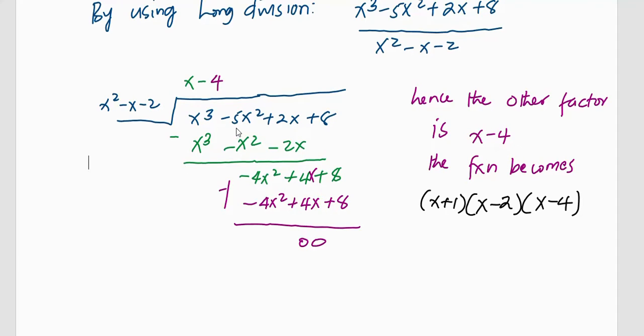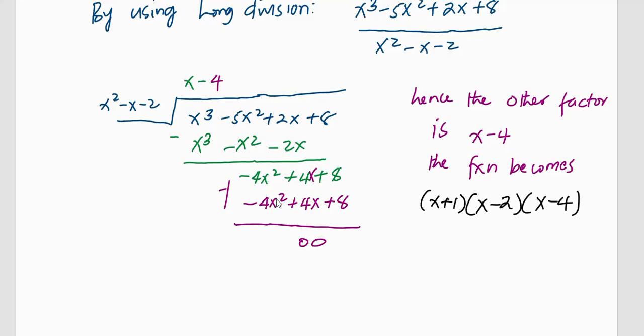Then I have minus 5x squared plus x squared, which becomes minus 4x squared. Then I have 2x plus 2x, which becomes 4x.